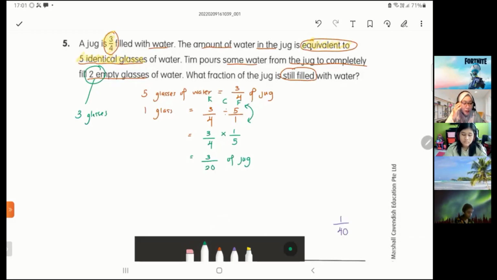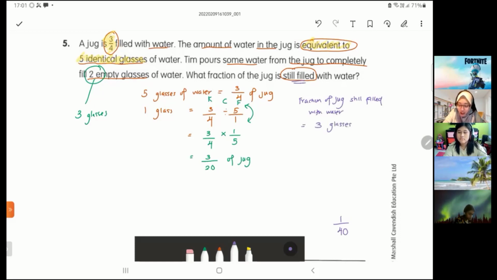Okay, 3 glasses. So the fraction of jug that is still filled with water, we write down, fraction of jug still filled with water, will be 3 glasses, where 1 glass is 3/20.